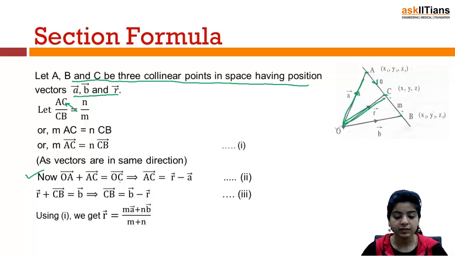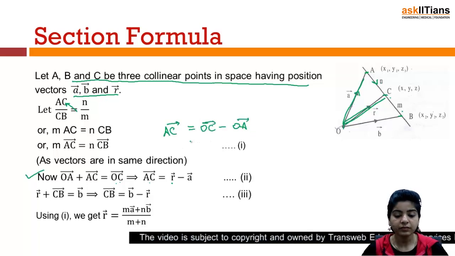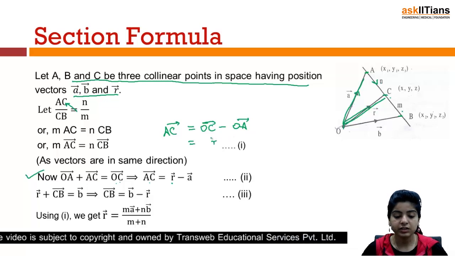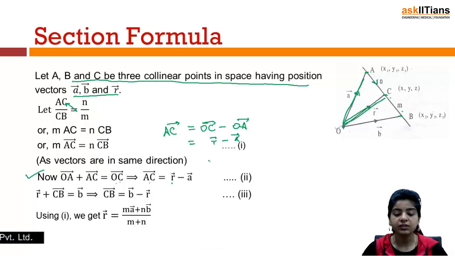So OA plus AC is OC, which implies that AC becomes OC minus OA, and OC you can see is r, minus OA is a. So we have AC is r vector minus a vector.